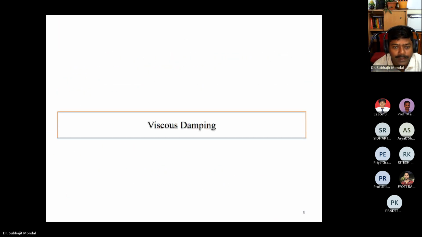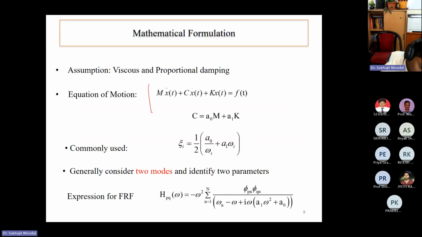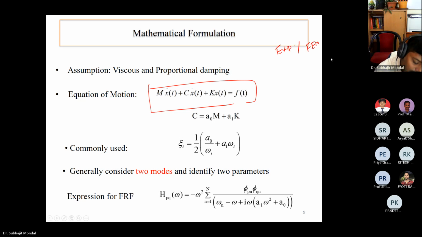Okay. So here we have this equation, and we're going for dynamic analysis. We got one response from the experimental data, and we have another response from our FEM data. Then what do we observe?